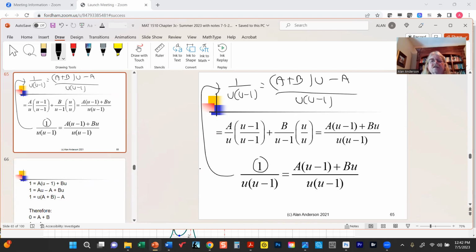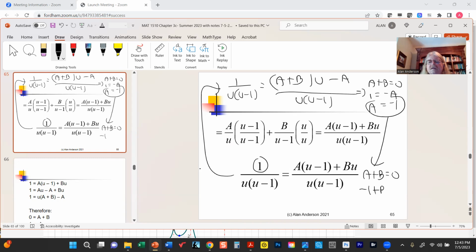And you can see, because on the left-hand side there's no u, that implies that a plus b is 0, and then 1 is negative a, which means that a is negative 1. So if a is negative 1, b is 1.